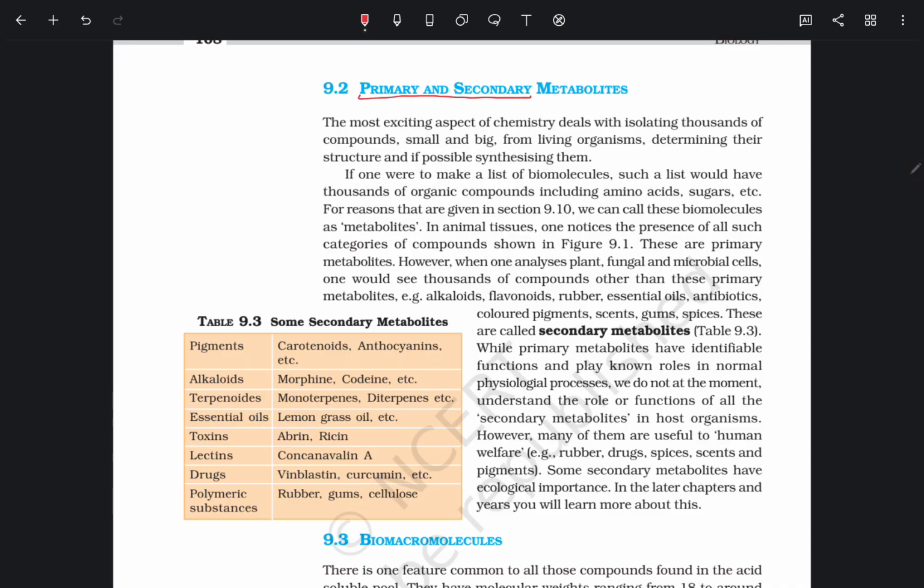If one were to make a list of biomolecules, such a list would have thousands of organic compounds, including amino acids, sugars. In animal tissue, one notices the presence of all such categories of compounds shown in 9.1.